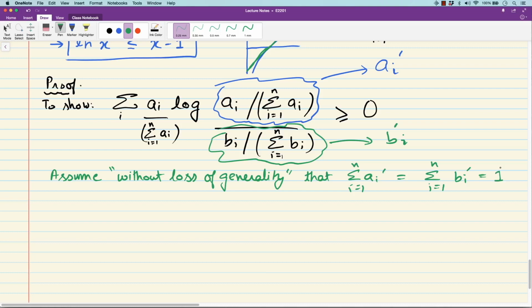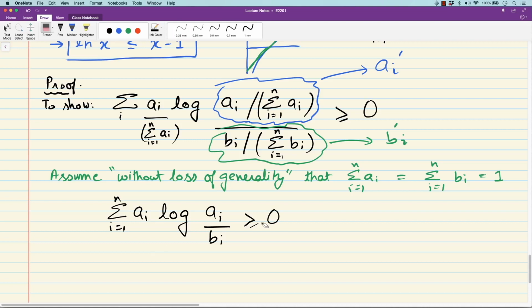So both are normalized to 1. These are like PMFs. Let's just show it for this case. We have to show the summation over i equal to 1 to n of a_i log a_i by b_i is greater than or equal to 0, assuming the sums are 1. This is what you have to show. So let's do the following.